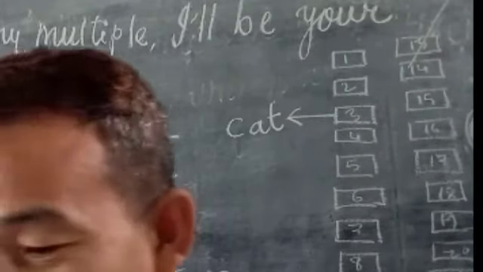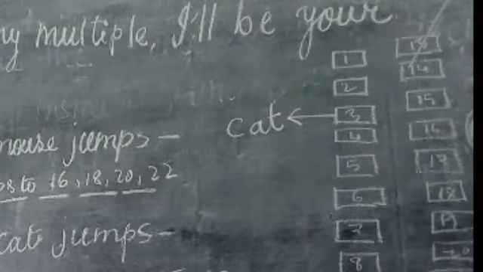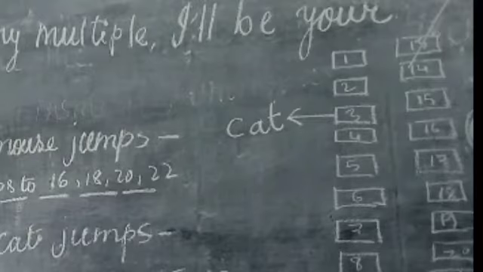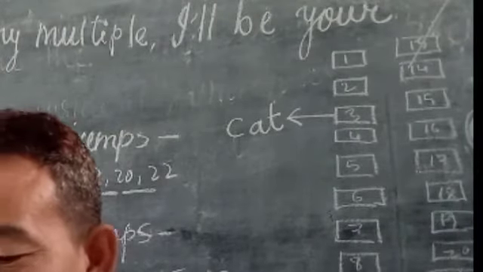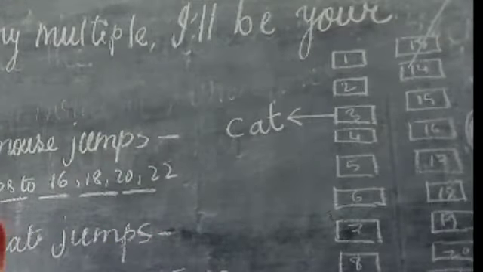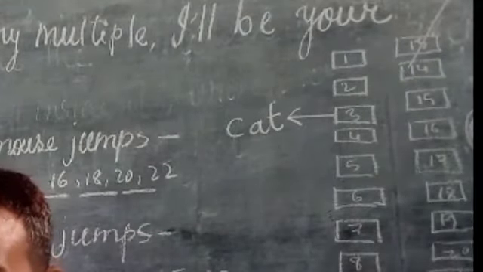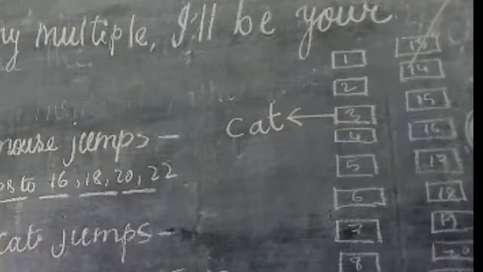It's written here on page number 87. Kunjan is now on the 14th step and it can jump 2 steps at a time, and the cat can jump 3 steps at a time. So that's all about the mouse and the cat.